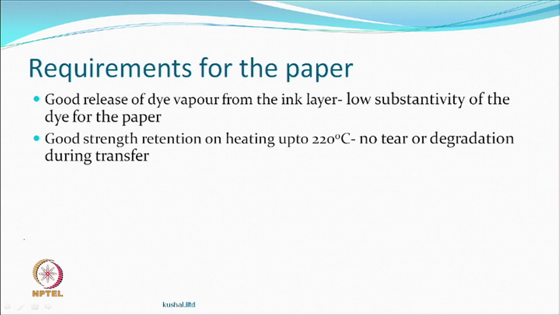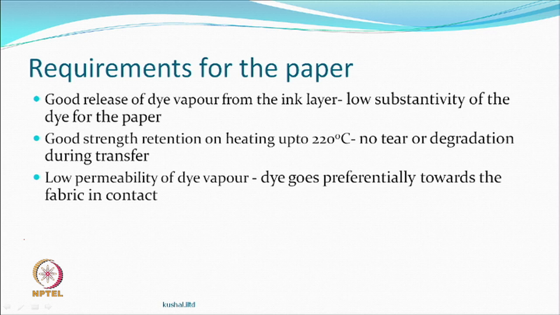So, we expect that during this period, which may be very small, the temperatures can be high, and these temperatures will also depend on what type of dye we have used, because every dye does not have the same sublimation temperature, but you still have to optimize. It is expected there will be no tear or degradation during the transfer as far as the paper is concerned.